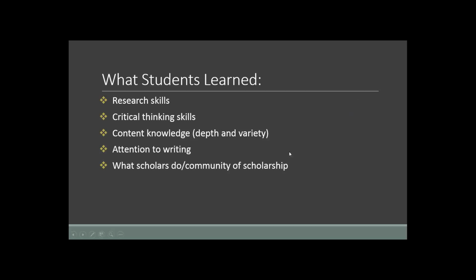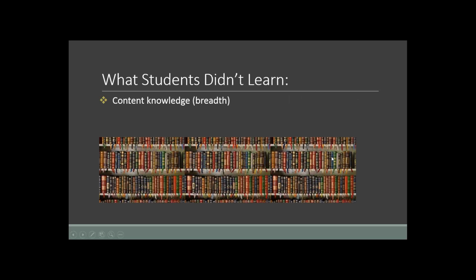On to what my students didn't learn. For some reason, it's not going forward. There we go. What they didn't learn: content knowledge, the breadth of content knowledge that can be packed into a survey course. I had to sacrifice a bit of what I might otherwise have taught in order to make room for this large project.